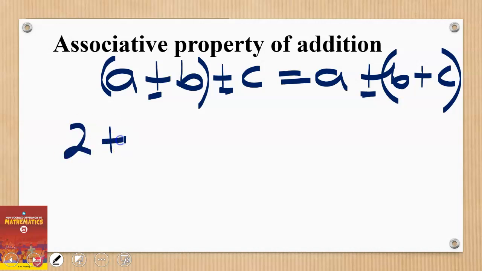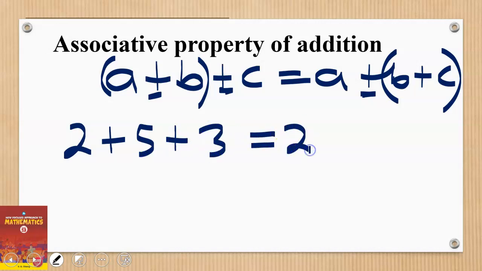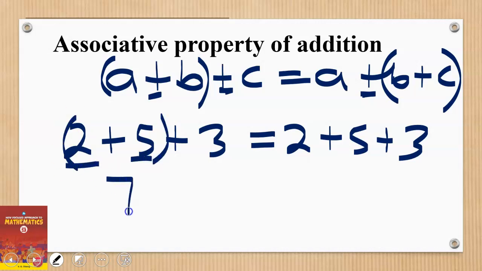I have 2 plus 5 plus 3. 2 plus 5 plus 3. I've written the same thing. Nothing has changed, right? Good. Let me add 2 plus 5 here first, and that will give me 7, then plus 3. This time around, let me add 5 plus 3 first.